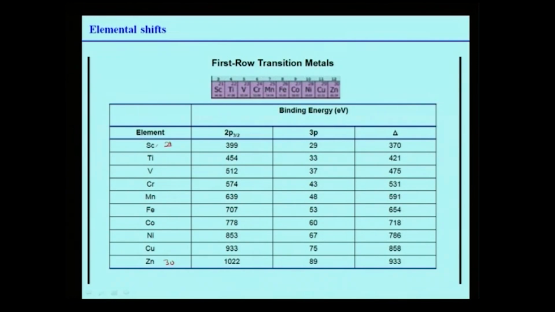The 3p peak shifts from 29 to 89. Now if you make alloys between them, suppose between scandium and titanium, there will be a shift of 327. Similarly between titanium and the next element there will be a shift of 421. So you can clearly see the shifts because of the formation of alloys among the different elements. Alloys here means solid solution types.